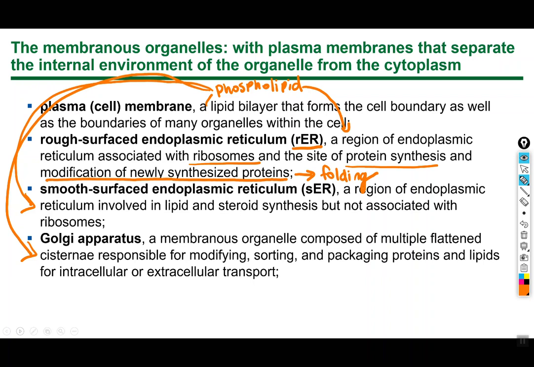The smooth endoplasmic reticulum is just like the rough, except instead of synthesizing proteins, it makes lipids and specifically steroids. A steroid is a type of lipid, so these two terms aren't really discrete. One is nested within the other.